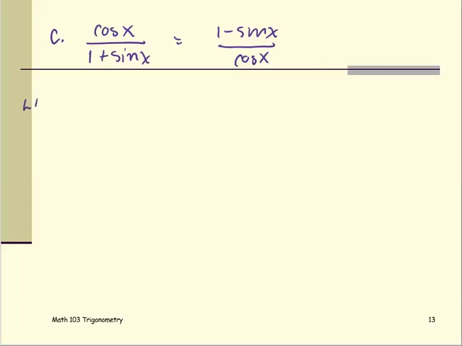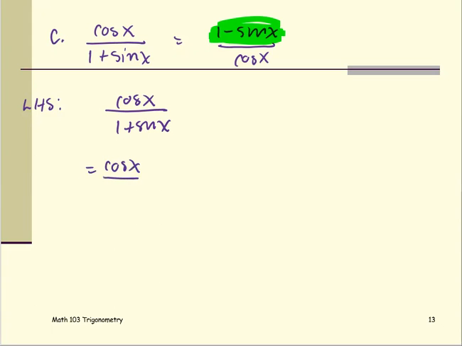Exactly the same problem, but let's handle it a different way: cosine x divided by 1 plus sine x equals 1 minus sine x divided by cosine x. This time we'll start with the left-hand side expression, cosine x over 1 plus sine x, and work toward the expression on the right-hand side, whose numerator has 1 minus sine x.